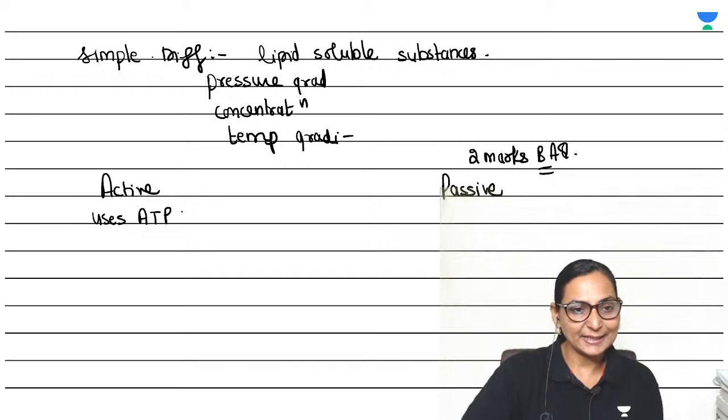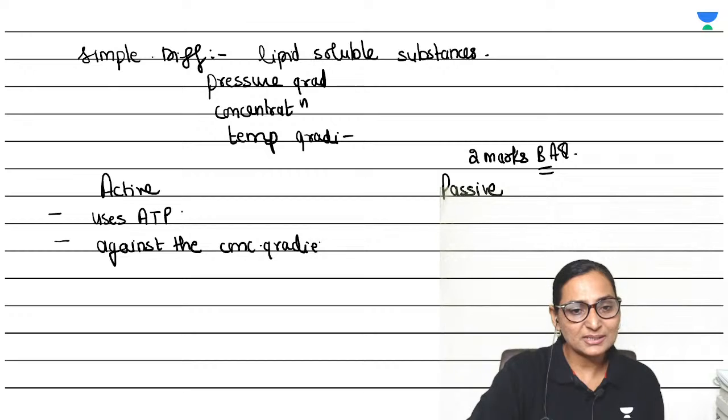It uses ATP, one. Secondly, it is against the concentration gradient. So because it is against the concentration gradient, it is called uphill, right? Because it uses ATP, it is supposed to be a metabolic process.